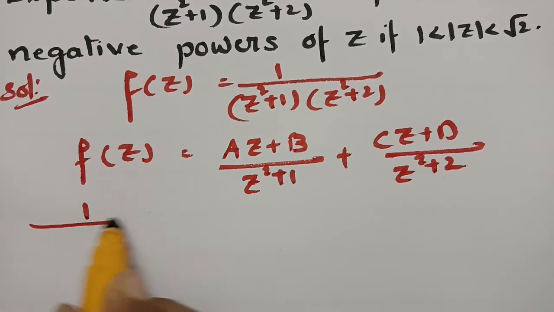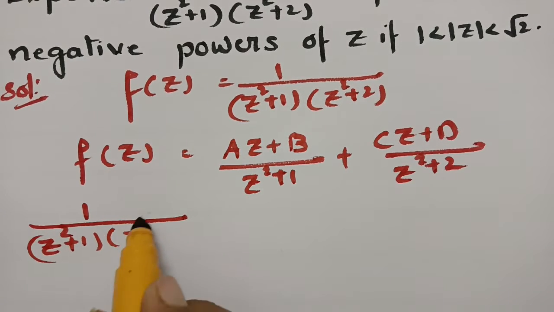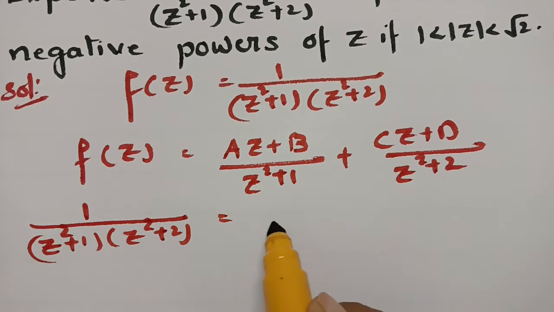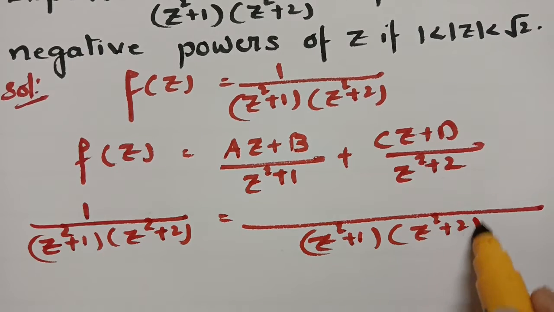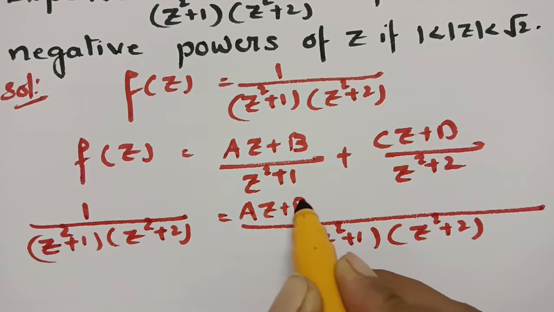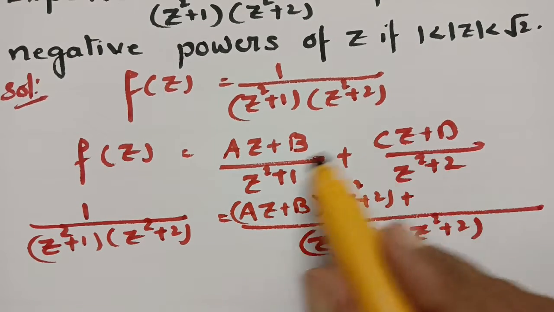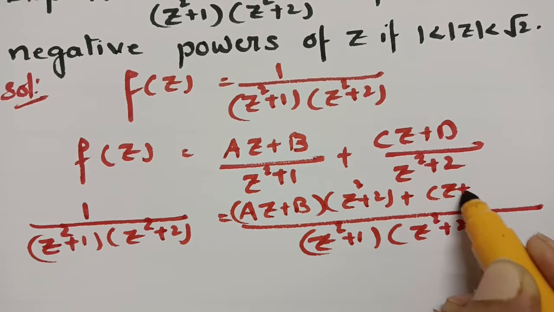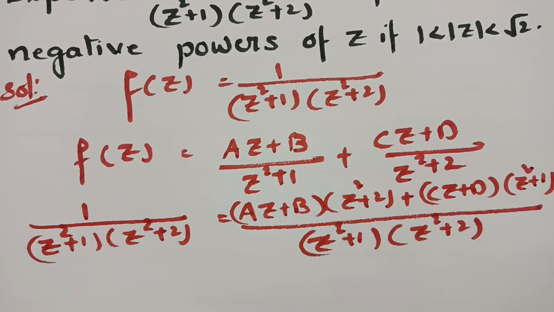Therefore, this can be written as 1 by (z square plus 1) into (z square plus 2) is equal to, if I take LCM here, that is (z square plus 1) into (z square plus 2). So, this is a cross multiplication. That is (az plus b) into (z square plus 2) plus, now you have to multiply (cz plus d) into (z square plus 1).